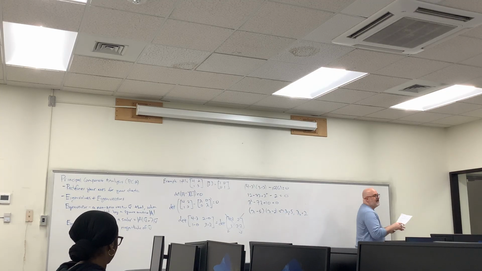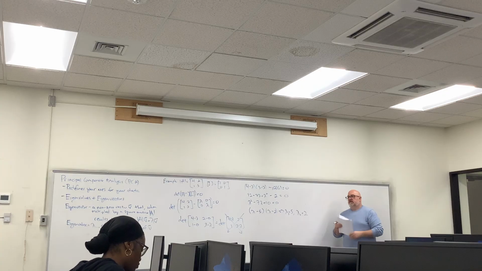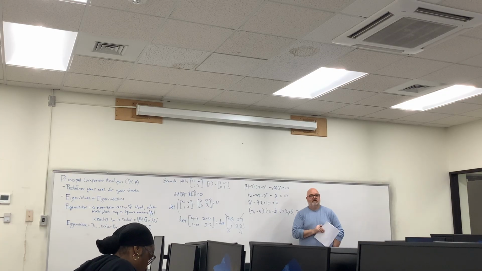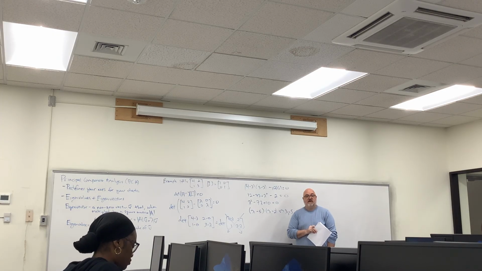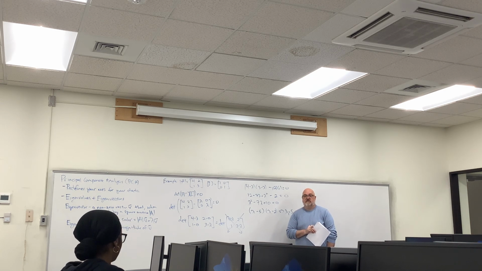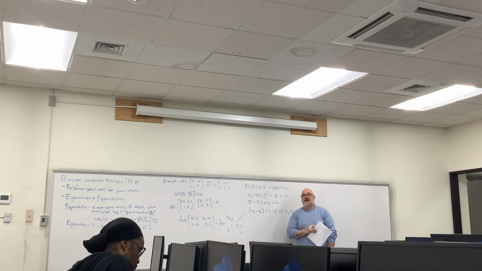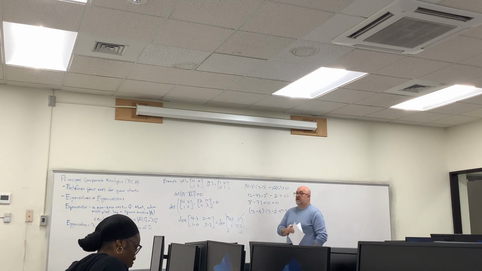Now, this is great for second order. What if it's not second order? What if it's third order? Or fourth order? Or God forbid, which is going to be a very real possibility, what if it's like 23rd order? You've got to use a solver. That's the only way to do it.